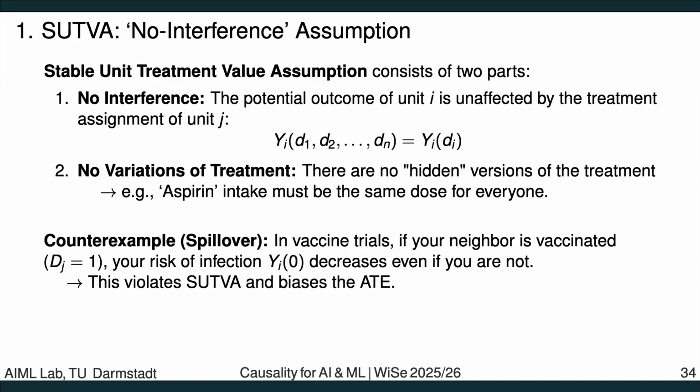And the other thing is, in the most simple case, that there are no hidden versions of the treatment. So basically, if I give a treatment, and usually it's taught with binary variables, so either the patient gets a treatment or not, it's not a continuous variable or whatever. Then everyone must really get the same treatment, not different doses of aspirin or some medication, but really for this assumption to hold, everyone must get the same dose.